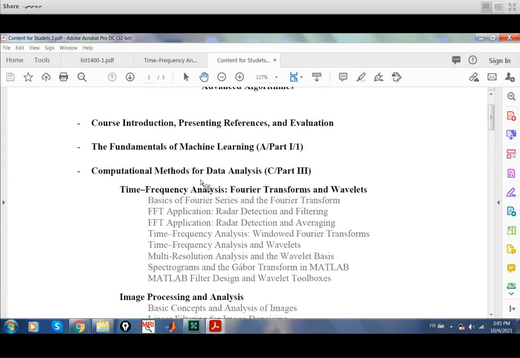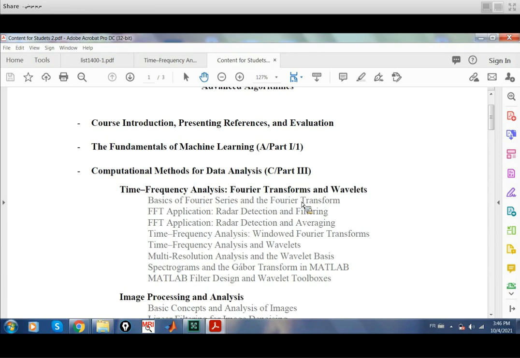In this main topic, we want to discuss time frequency analysis, and we want to know more about the Fourier Transform and wavelets.